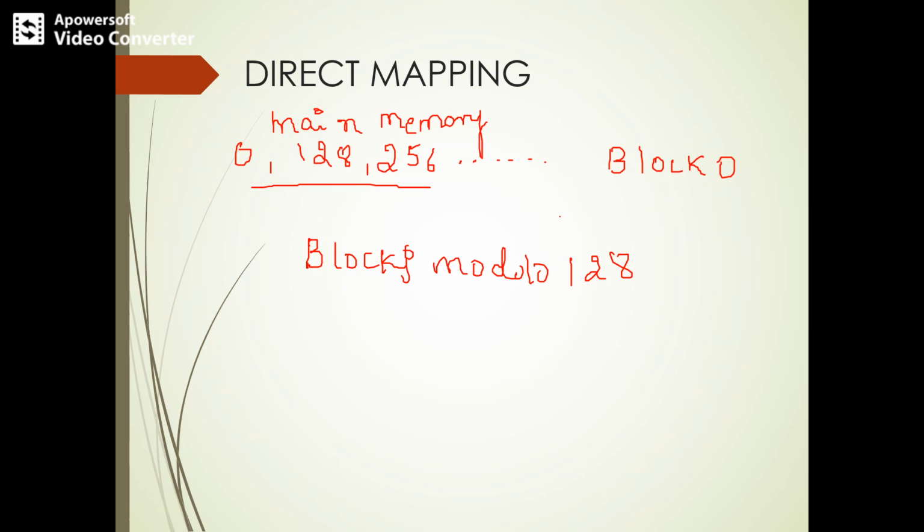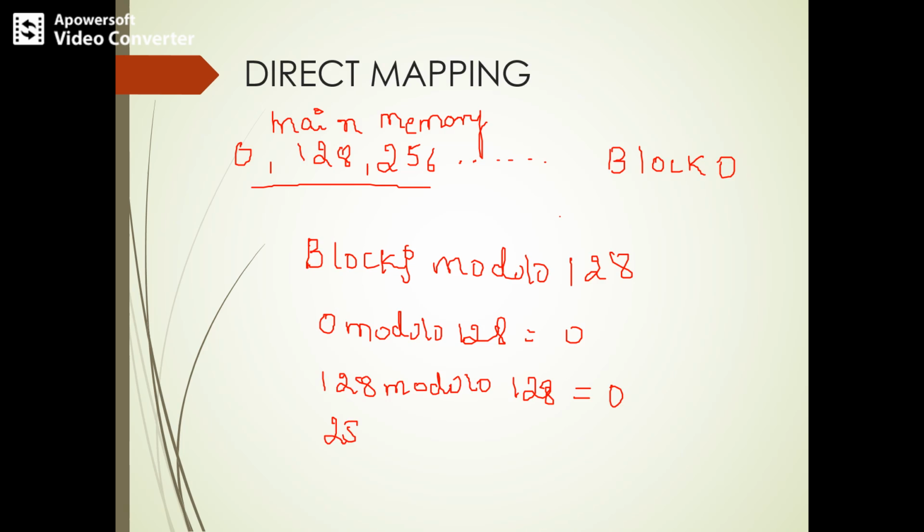Now I'll take block 0 modulo 128, so that means 0. Similarly, 128 modulo 128, the remainder is 0. Similarly, 256 modulo 128, the remainder is 0.